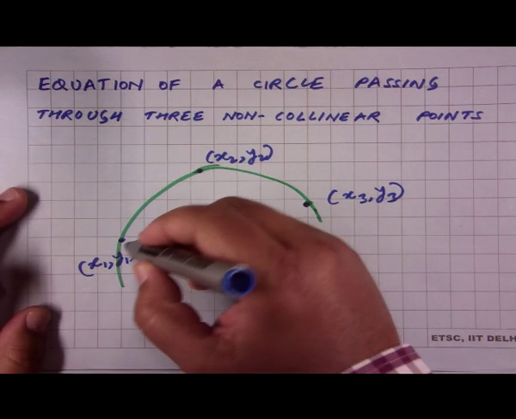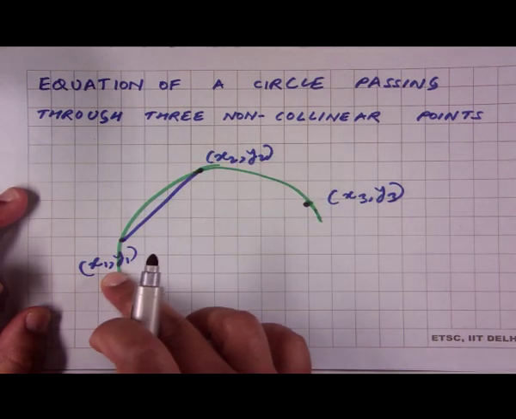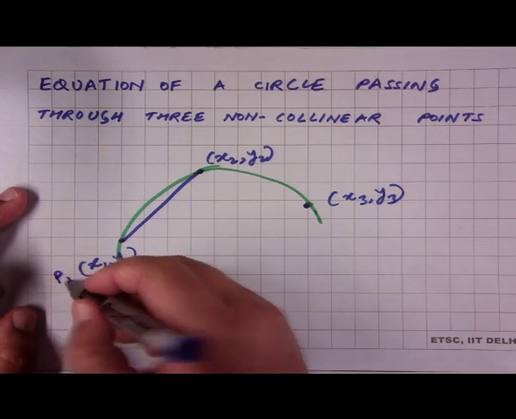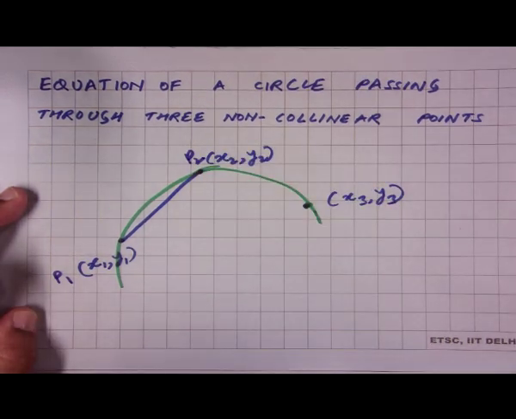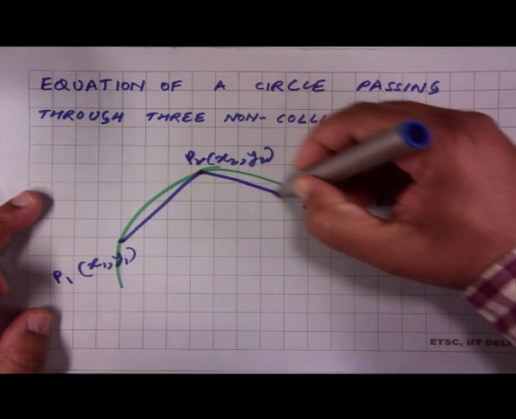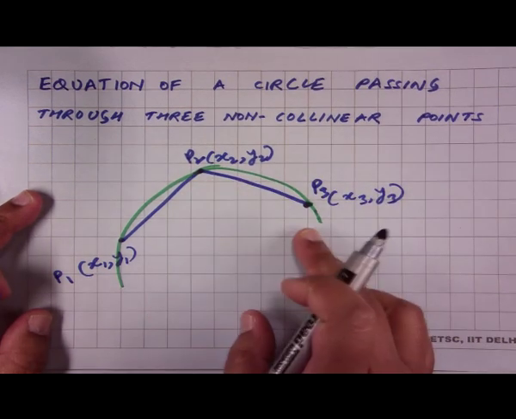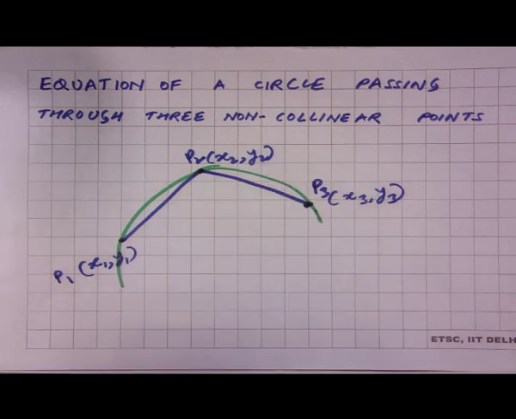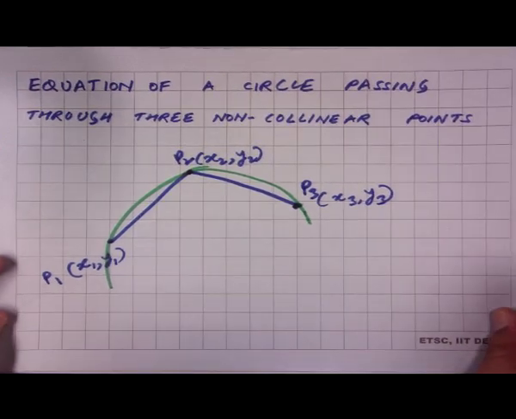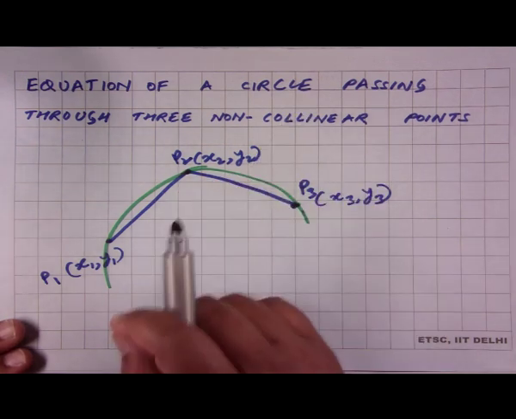then the straight line joining P1 and P2 will be a chord of this circle. Similarly, the straight line joining P2 and P3 will be another chord of the same circle. And then using the result that we just saw now, we can easily find the center of this circle, because now we have 2 chords.